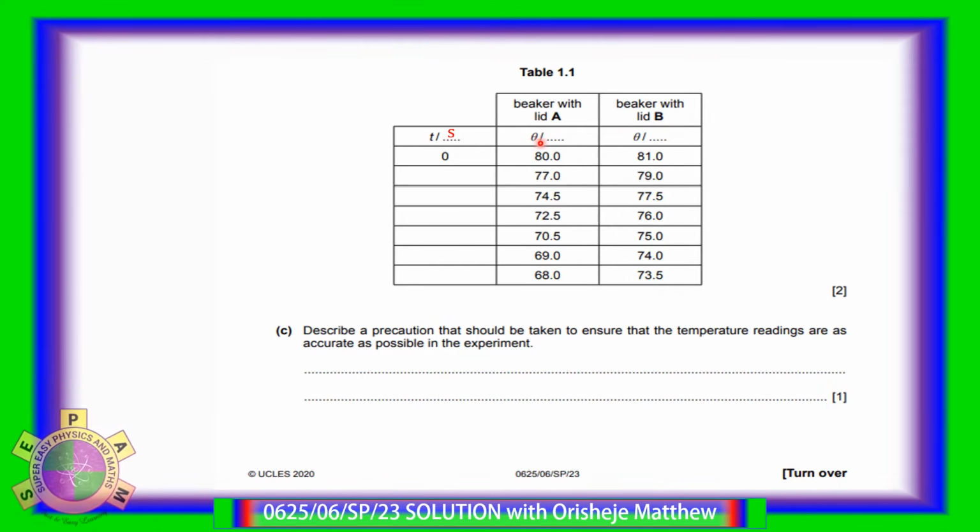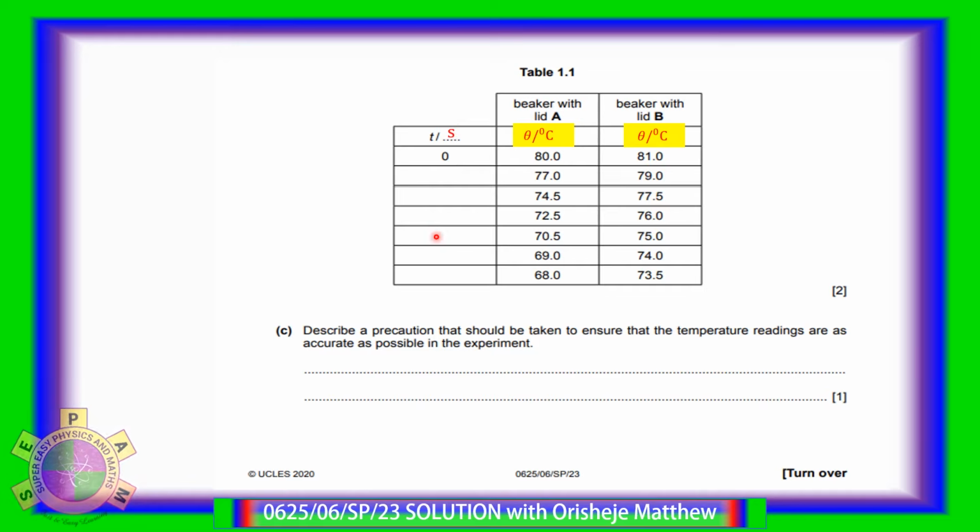So temperature is measured in degrees Celsius. Then for beaker B, the temperature theta is also measured in degrees Celsius. Now for beaker A, the initial temperature is 80 degrees, while beaker B started with 81 degrees Celsius.